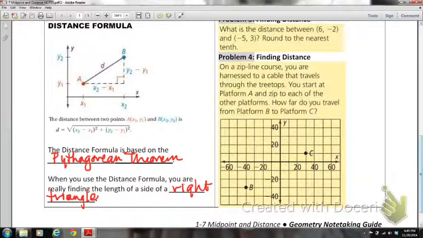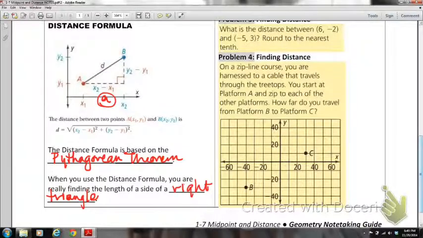So let's look at the bottom side of this right triangle. The horizontal length of that leg is the difference between the x values, x sub 2 minus x sub 1. We'll call that side A of the right triangle.